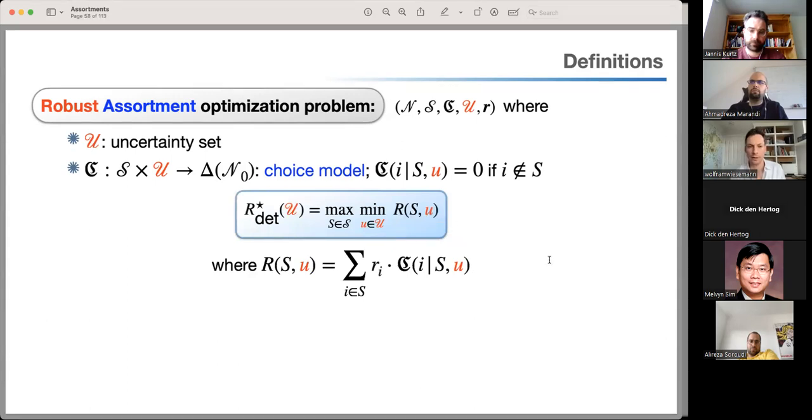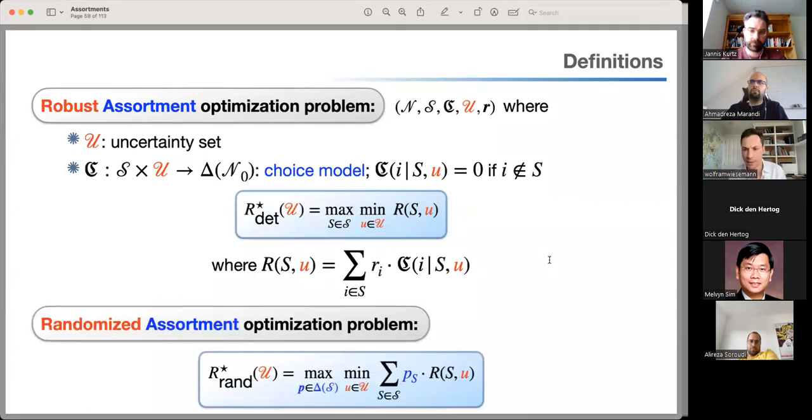And new in this talk, we're also interested in the randomized robust assortment optimization problem, where we do not just pick deterministically a single assortment, but where we assign a probability to each and every admissible assortment. And then we're trying to maximize worst case expected revenues, where the worst case is again taken over the possible parameter vectors in our uncertainty set, and where the expectation is now an iterated expectation.